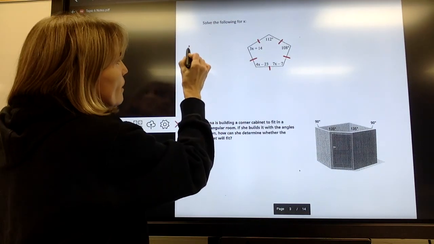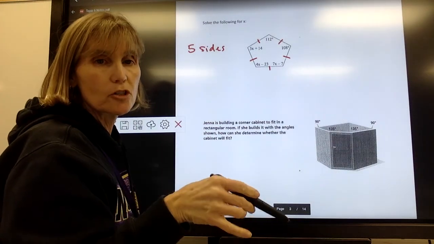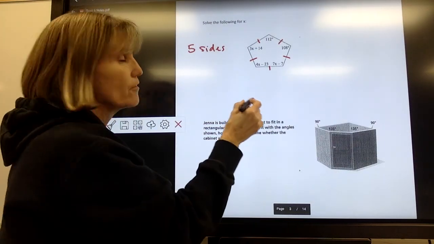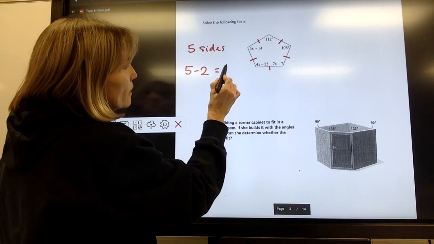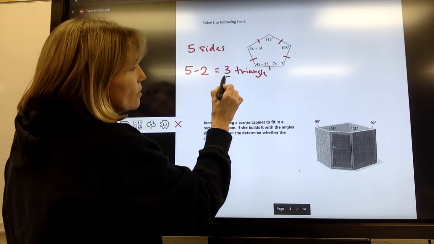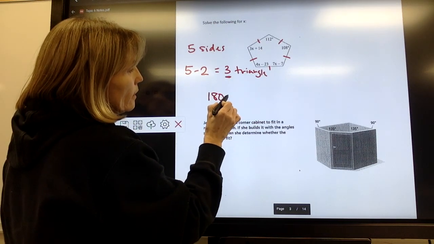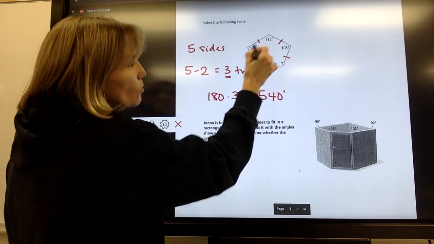That's 5 sides. If I have 5 sides, how many triangles would I have inside that figure? You always take the number of sides and subtract 2. That means I can get 3 triangles. And that's the number I take times 180. 180 times 3, so 540 degrees is what that total is.